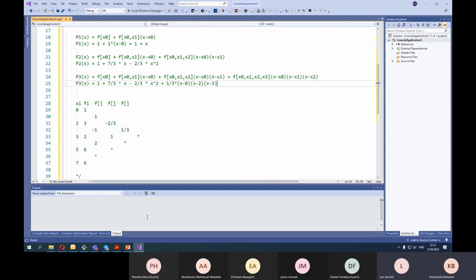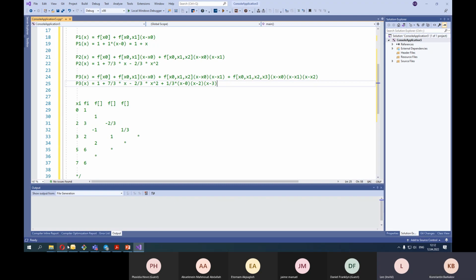The last remark is that information about Newton and Lagrange interpolating polynomials is available in a lot of books. Also, this information is available in the books that I sent you in the first lesson.